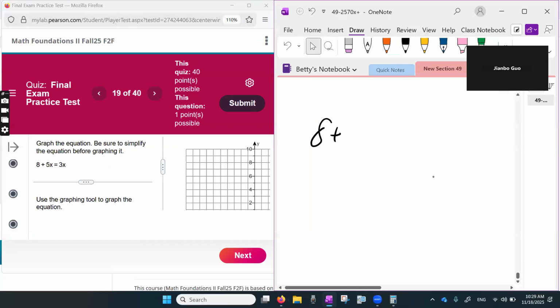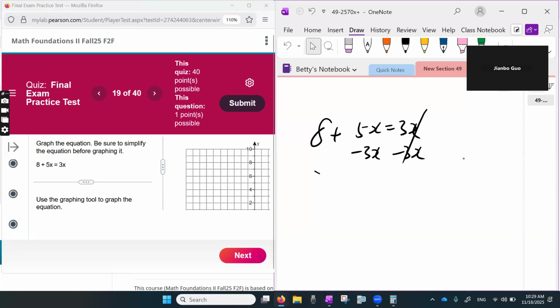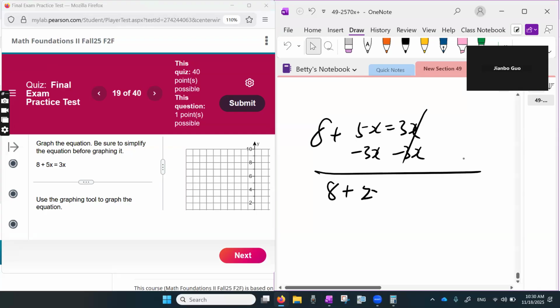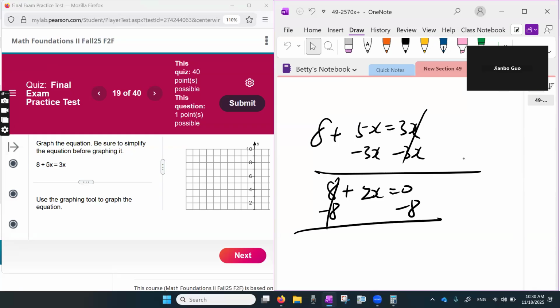Simplify the equation. 8 plus 5x equals 3x minus 3. 5x minus 3x, 2x equals minus 8 minus 3, and so 2x equals -8, divided by 2, x equals -4.